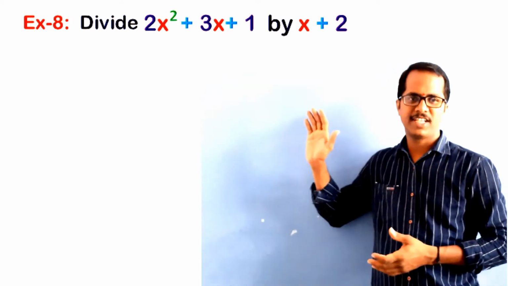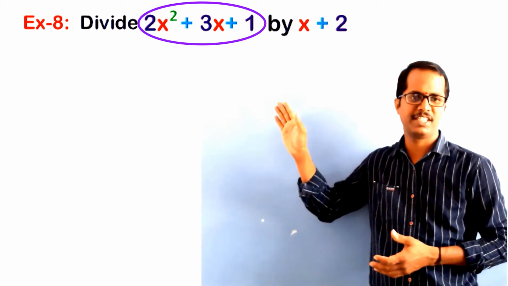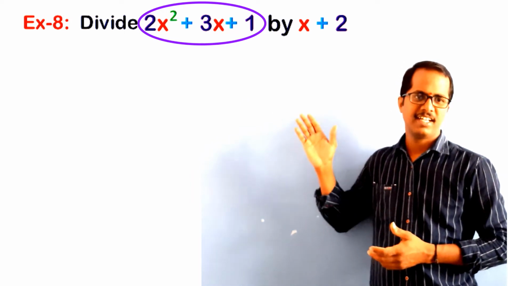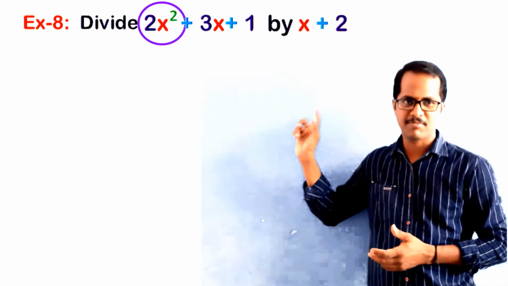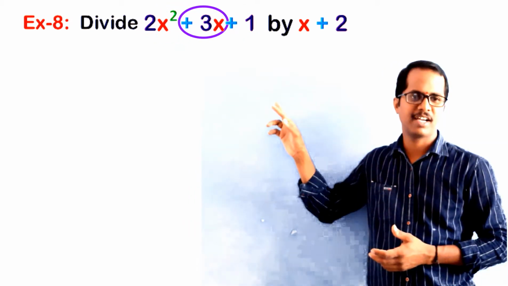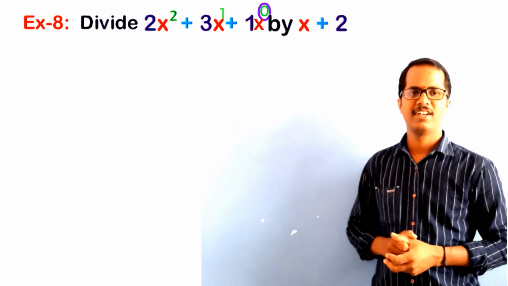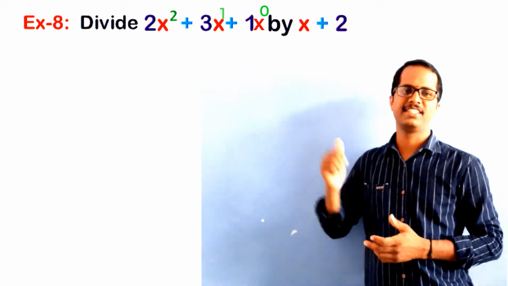The dividend, 2x square plus 3x plus 1, is already in standard form. The first term has the degree 2, the second term has the degree 1, and the third term has the degree 0. So they are already in the decreasing order of their degrees.